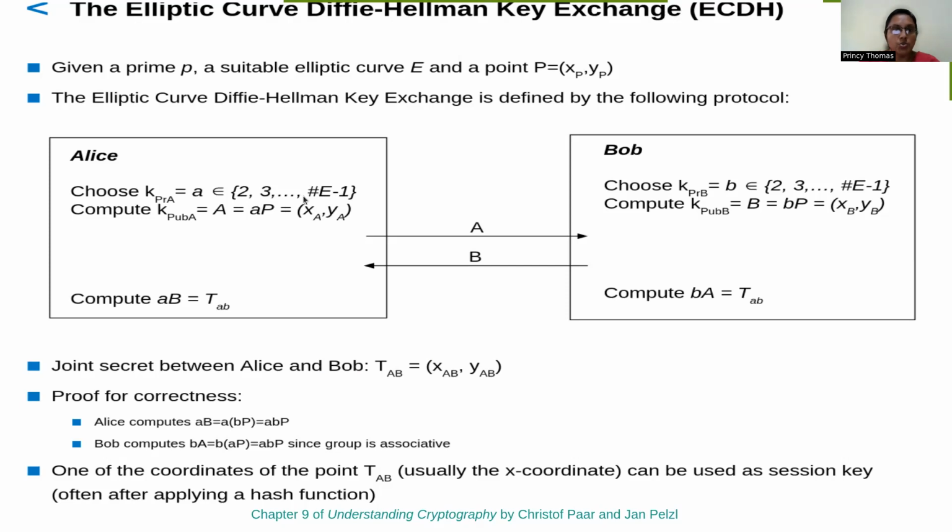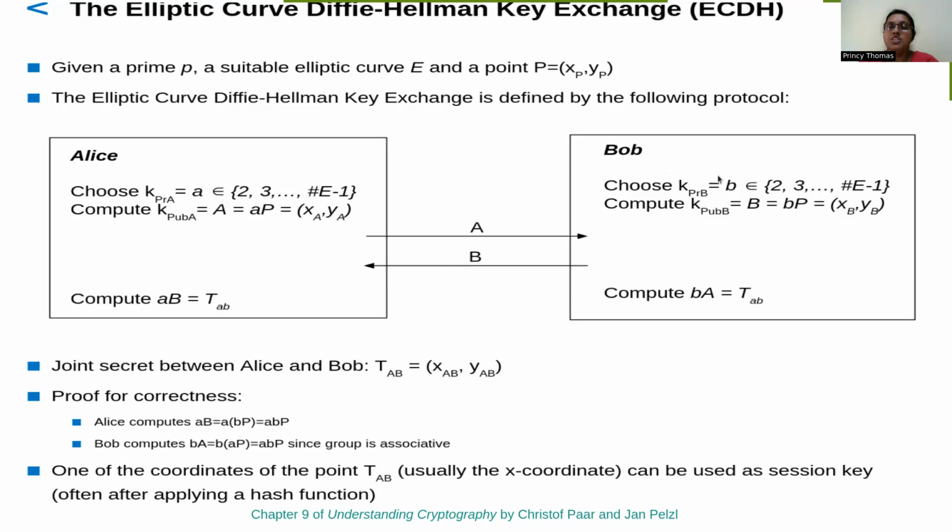Using this A value and the generative point P, capital A equals AP is calculated. This is a point on the elliptic curve. So Alice's public key is calculated as AP, which we looked at. The algorithm is double add. XA, YA is then sent to Bob. A is the public key.